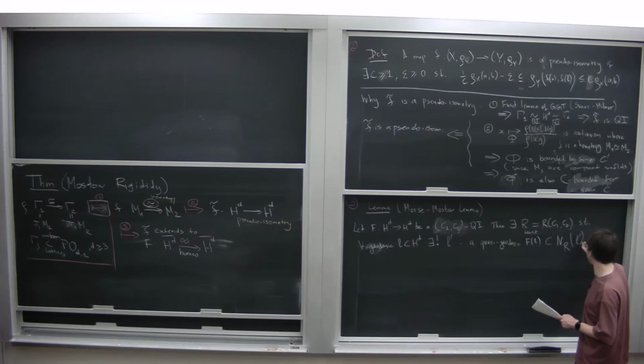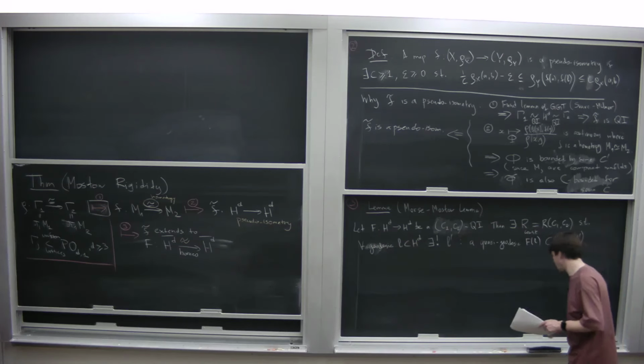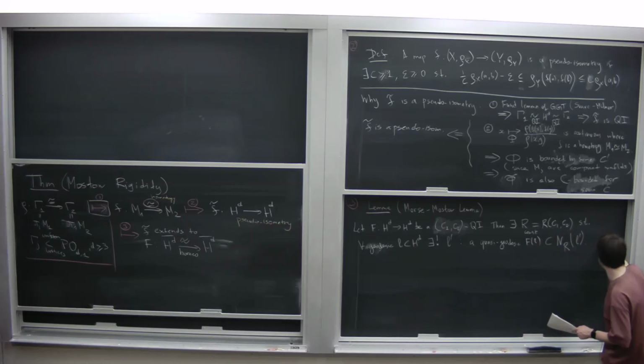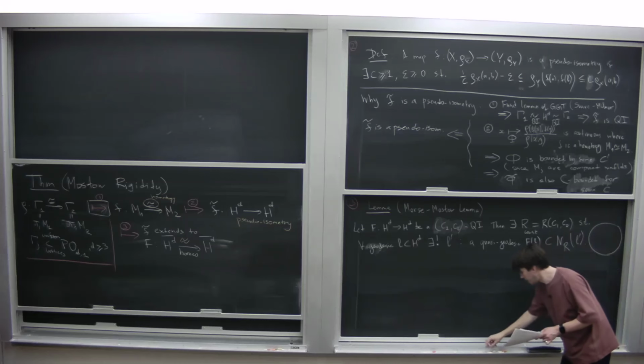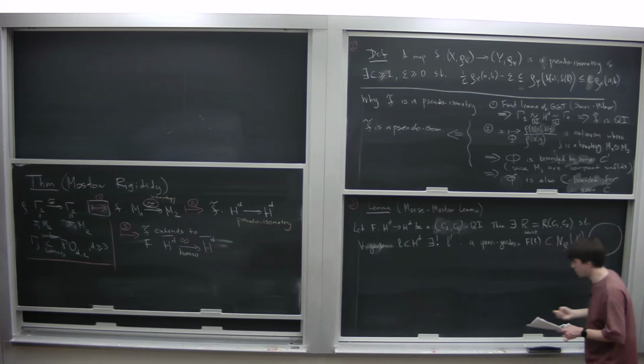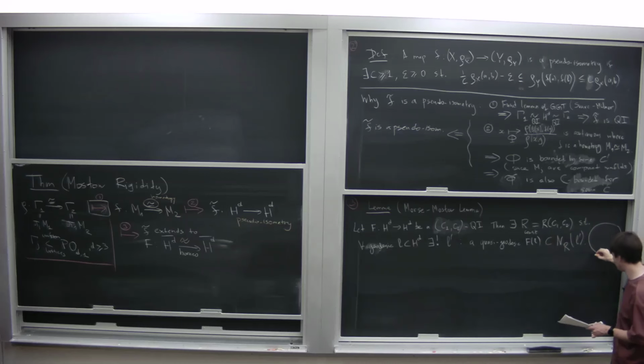So geometrically, this means that I have my L, and my image of L is something like that. This is my F of L, right?